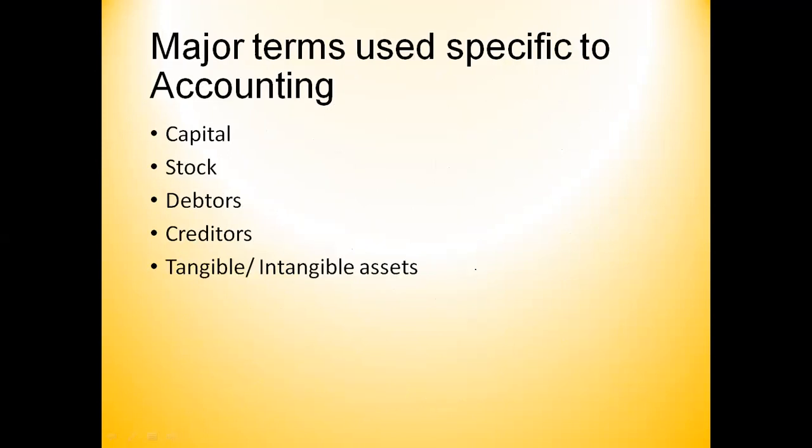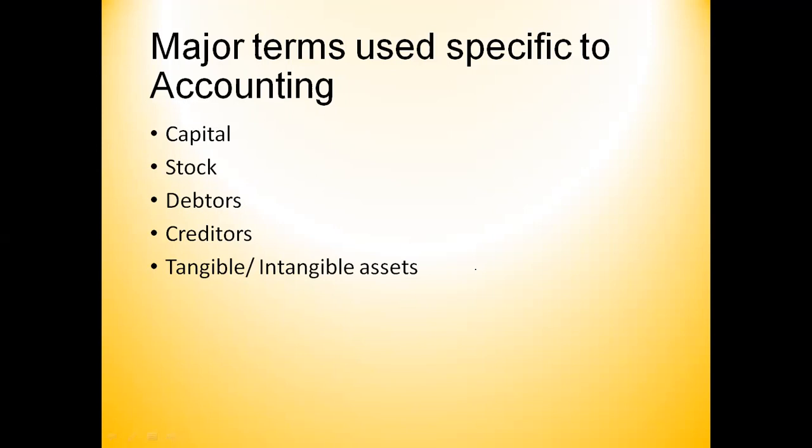Next, these are some major terms which we use in accounting. There are various other terms like entity or business, transaction, assets, liabilities, income, expense, profit, loss, gain, losses, sales. There are very many common terms which people generally know.